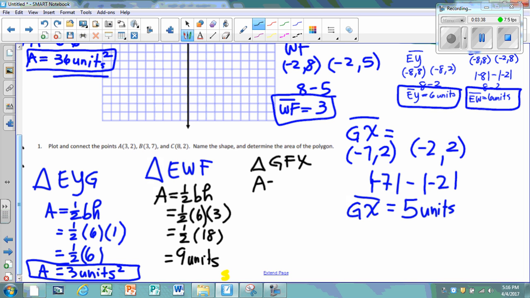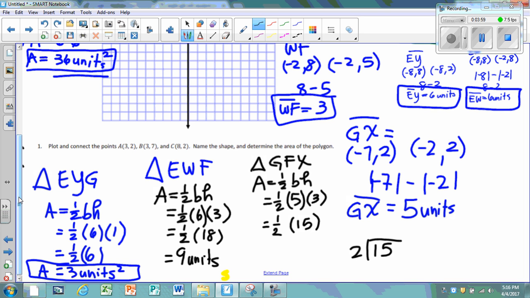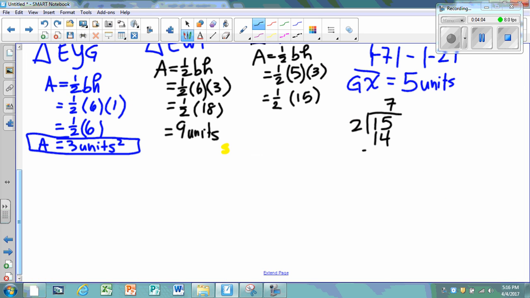And we said half base times height. We have a base of 5 and a height of 3. So half of 15. You'd have to do that math. Show it at least. So 7.5 is our value.